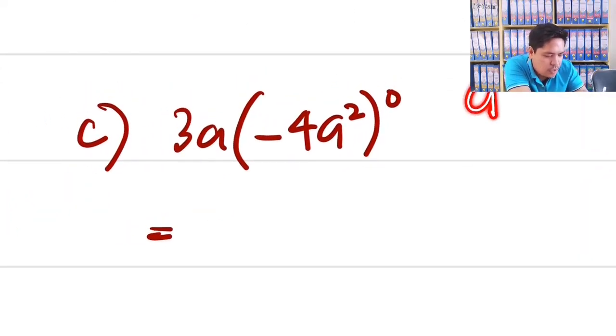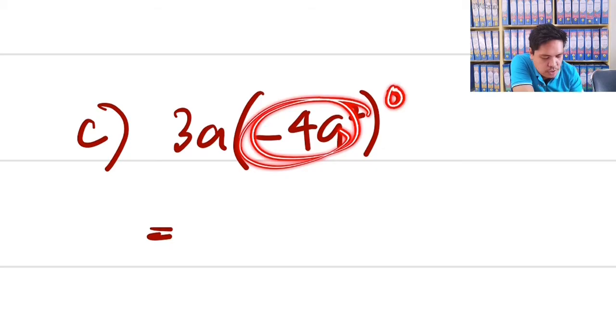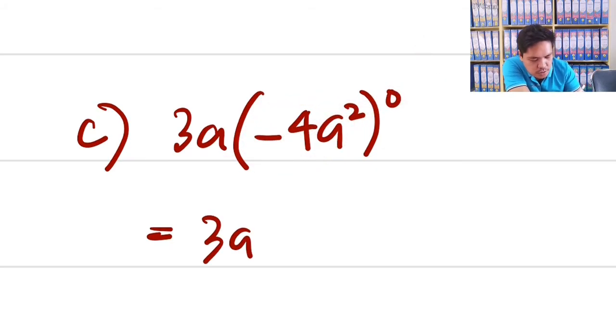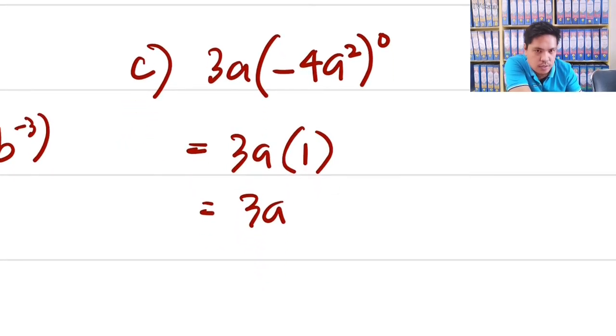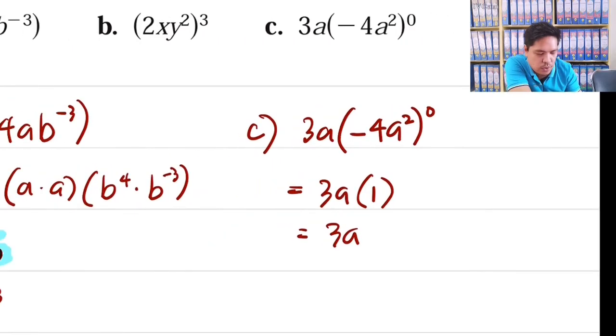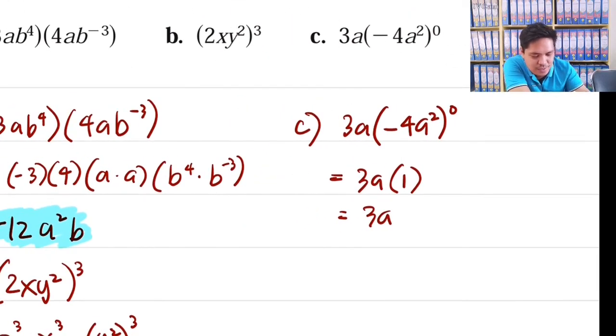Remember that any number, variable, or expression raised to 0 is 1. So therefore, this whole expression is raised to 0. So this whole expression is equal to 1. This is simply 3a times 1. The answer is 3a. Why challenge? So, hindi naman.